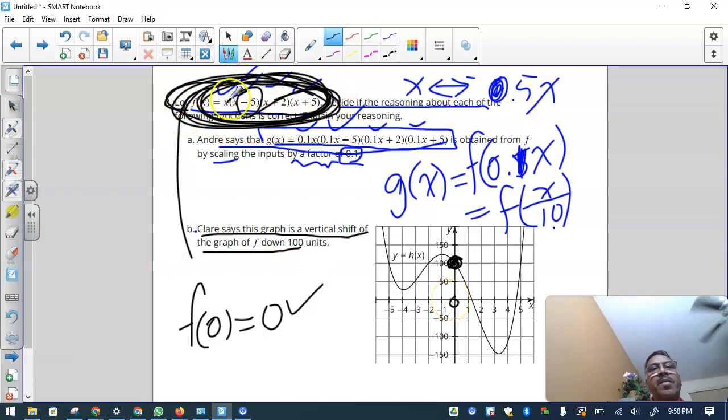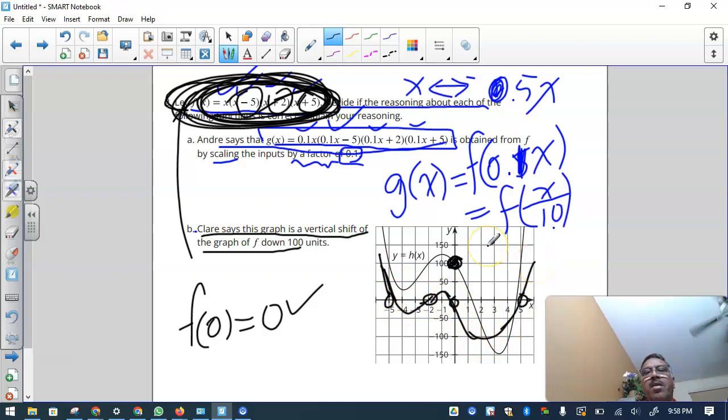I can take the opposite of minus 5, which is 5, the opposite of plus 2 is minus 2, and the opposite of plus 5 is minus 5. Since there are four of them, the graph is something like this.